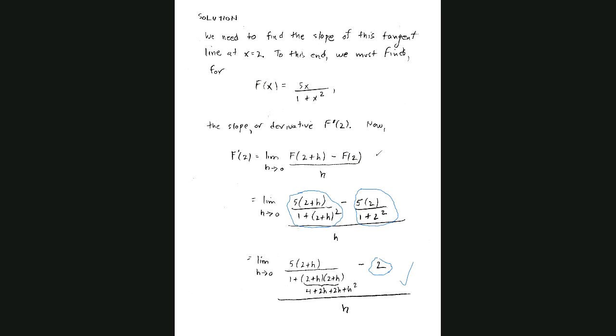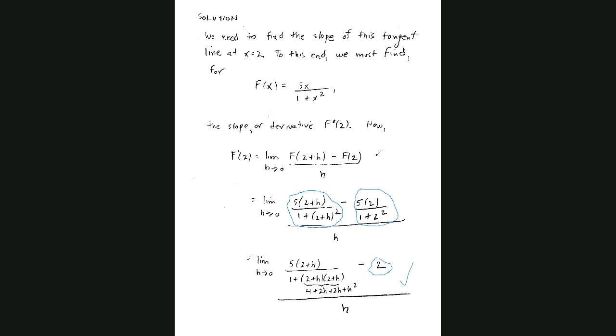Are there any questions so far before we continue? Lynn asks, would you have to FOIL the bottom factors, or could you leave as is and cancel the 2 plus h in the top and bottom? Good question, Lynn.